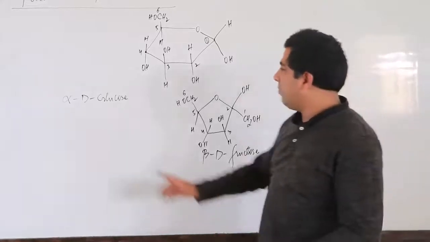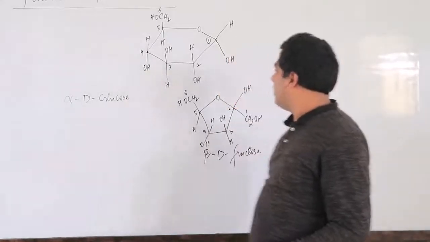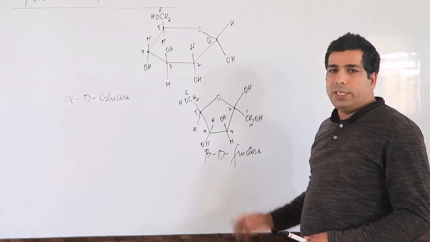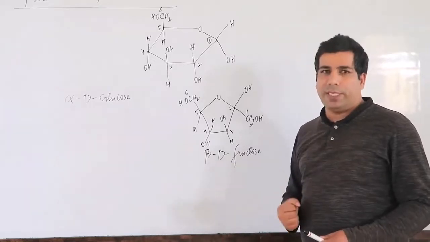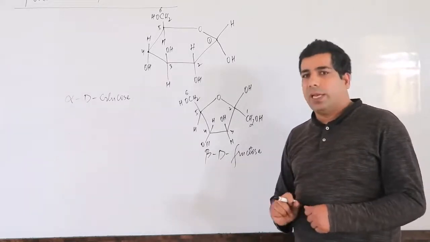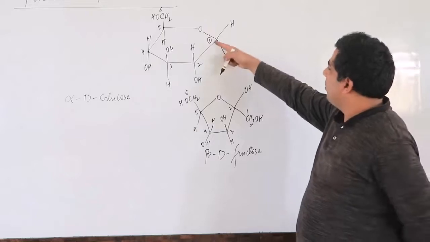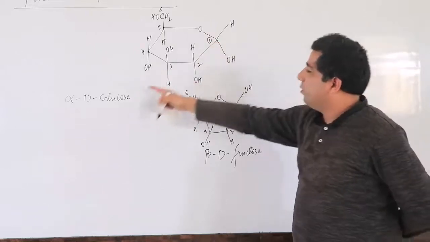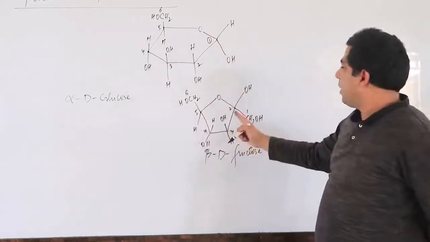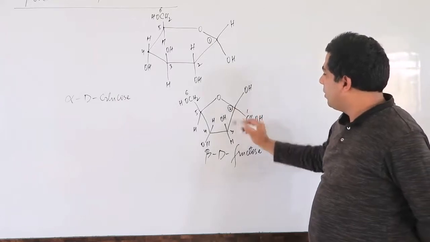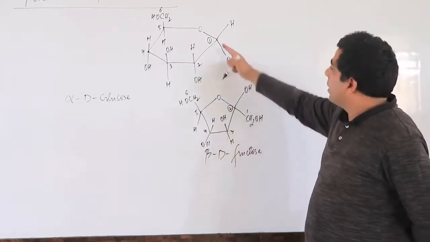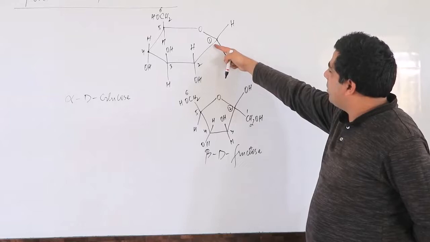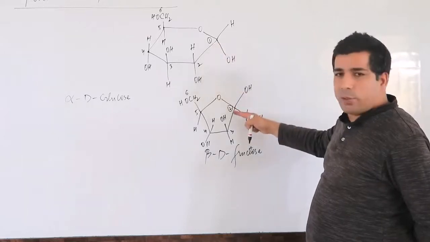Now between alpha D glucose, this molecule, and beta D fructose, there is a bond formation. There is a bond formation between carbon number 1 of glucose and carbon number 2 of fructose. Here carbon number 1 is the anomeric carbon, and here carbon number 2 is the anomeric carbon.